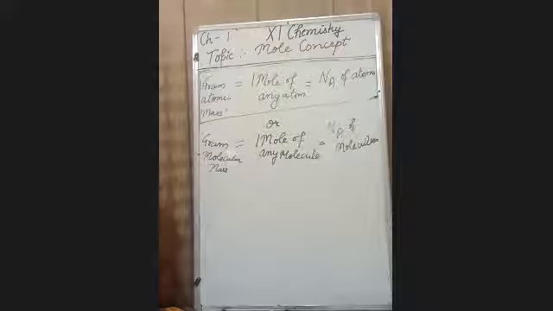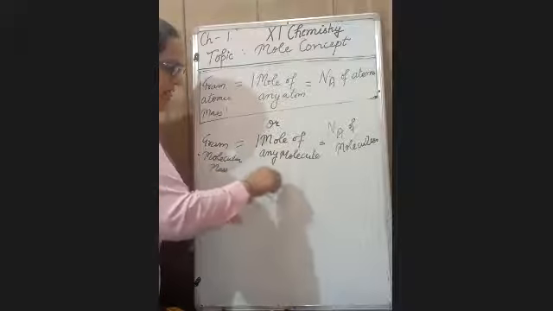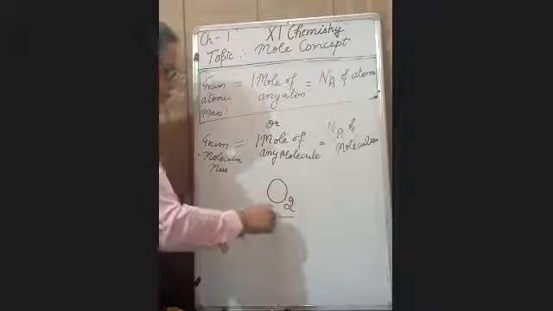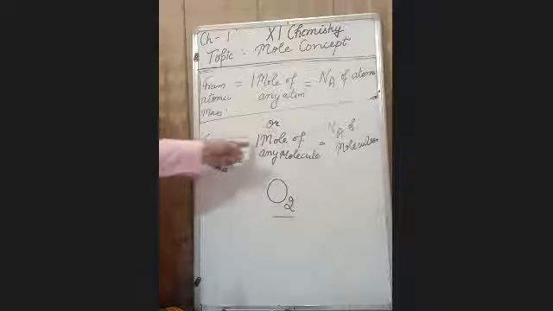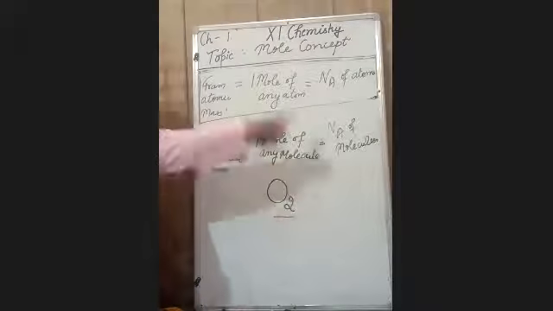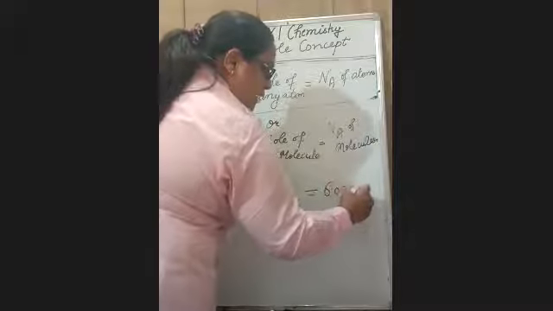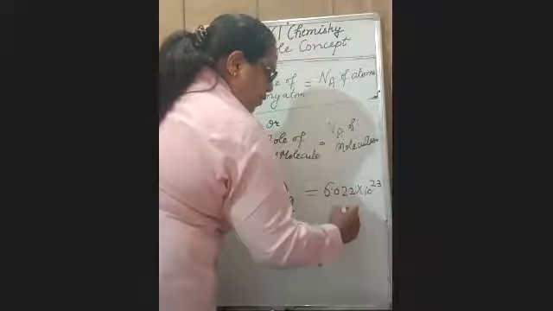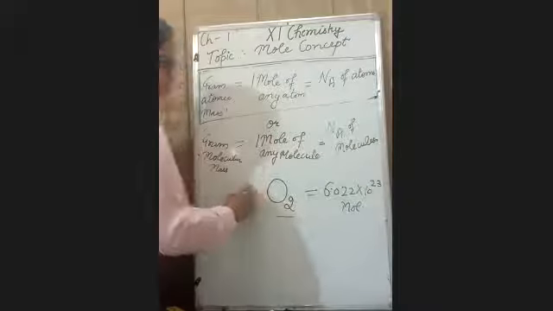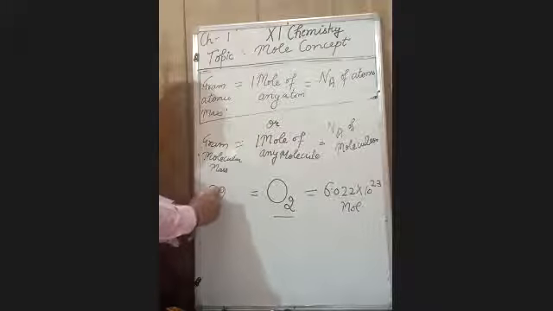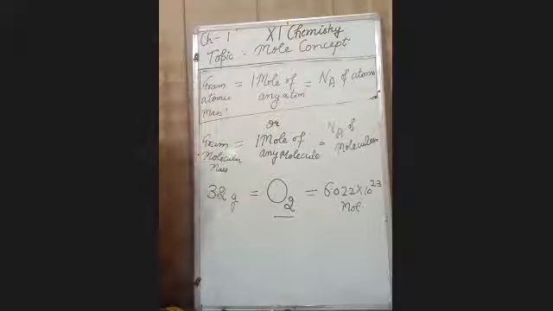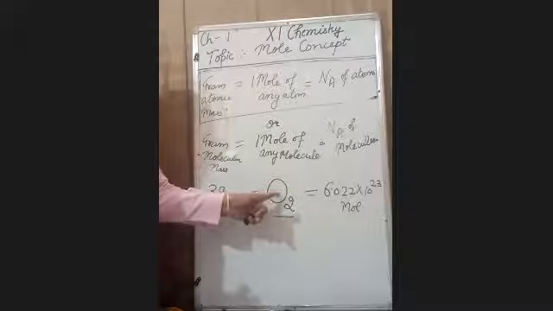For example, if I ask how many molecules are present in 1 mole of oxygen molecule, your answer will be 6.022 into 10 raised to power 23 molecules, which is equal to its gram molecular weight, that is 32 gram per mole, because for 1 oxygen atom it is 16.